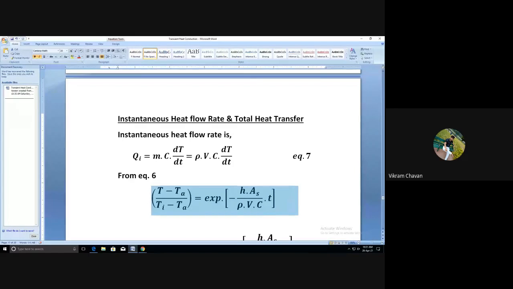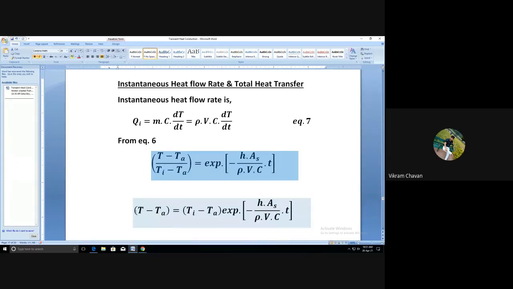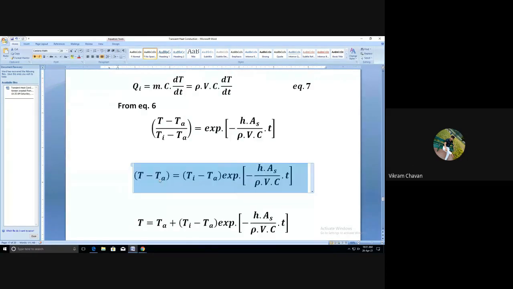Okay, further transfer the denominator side to the right hand side. So we'll get the equation as T minus Ta is equal to Ti minus Ta exponential of minus h multiplied by A suffix s whole divided by rho V c multiplied by t. Just we have transported the denominator side to the right hand side. Write down the equation after transportation, and further we have transferred the Ta on the right hand side.